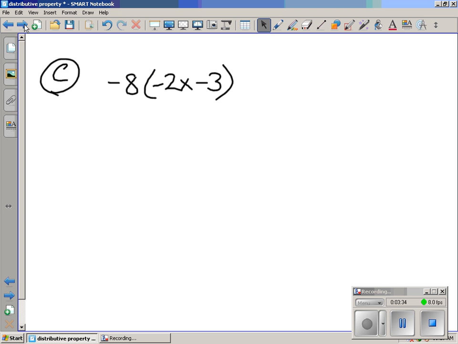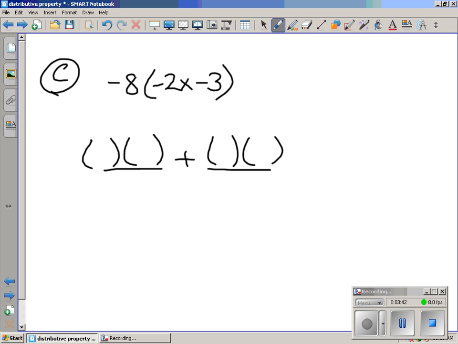Letter C. Once again, you have your 2 blanks. I take the -8 and I multiply it by the -2x. What's key here is to make sure that you always include the signs in front of the terms, or in front of the values.